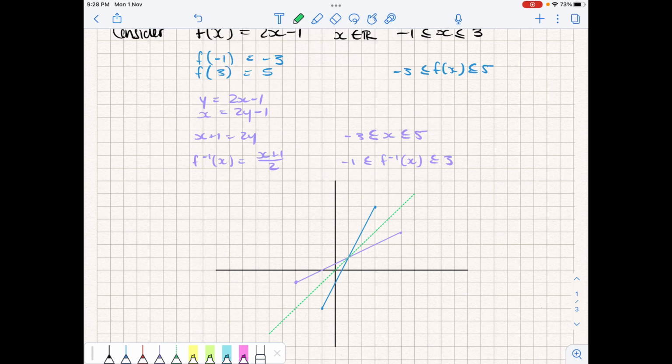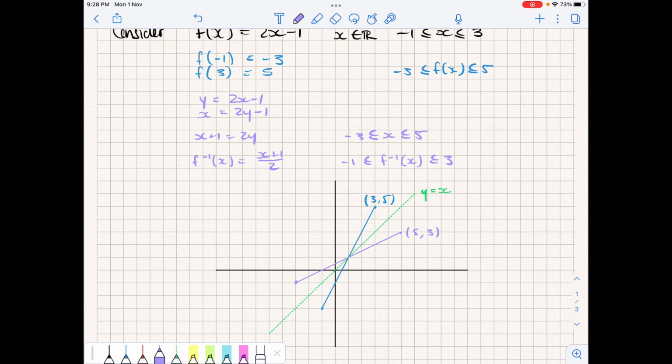So this is my y equal to x line, and you can see that all the coordinates are just a reflection. So this coordinate here is the coordinate 3, 5, and its reflection is just where x becomes y and y becomes x. So x now becomes 5 and now y becomes 3.